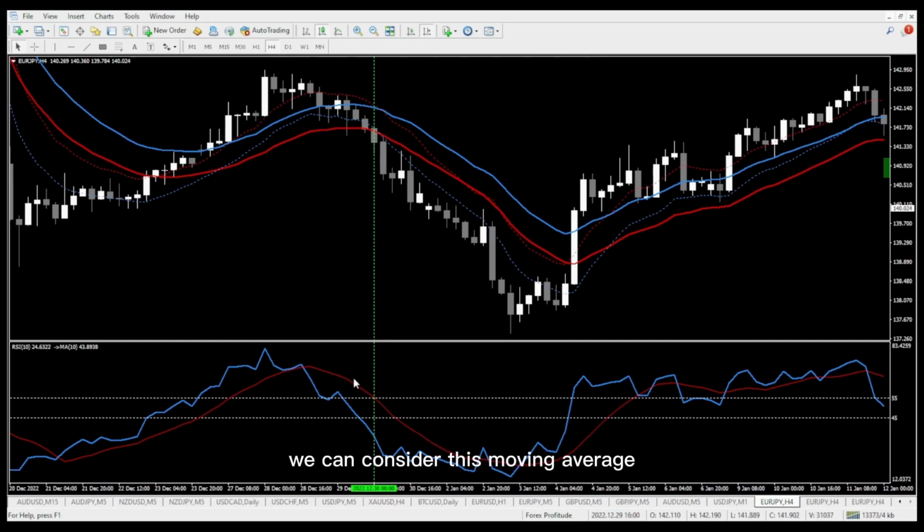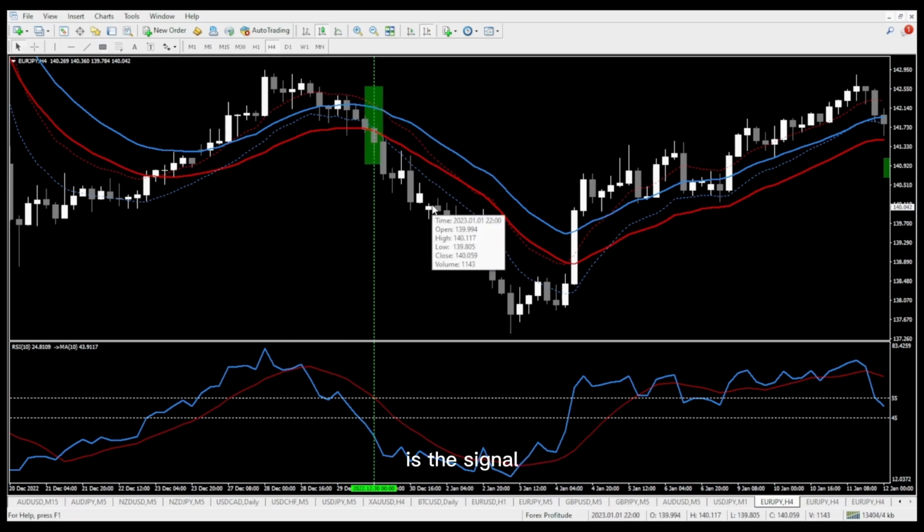We can consider this moving average kind of like a signal line of sorts. You'll be familiar with it on something like a stochastic oscillator where it's called the signal line. But what we want to see is that RSI being below that signal line in a sell trade. So we have those requirements met on this one candle right here. So this candle is the signal to go short.